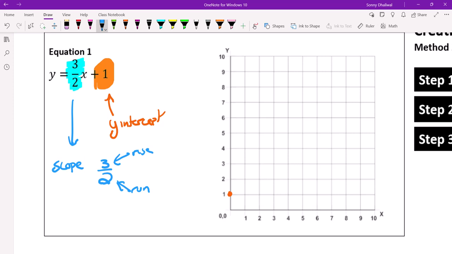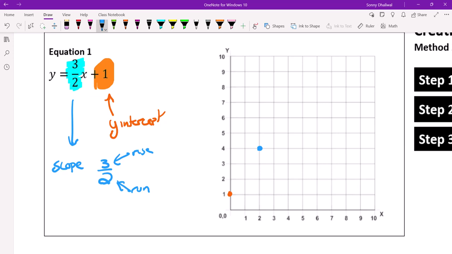Up. It's positive, right? So we're going to go up 3 over 2. That's going to be another spot on the line. So I'm going to go up 3, 1, 2, 3, over 2, put a dot. And from this spot, I just do it again because that's the steepness. Up 3, 1, 2, 3, over 2, I put a dot.